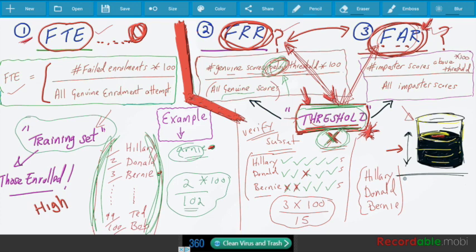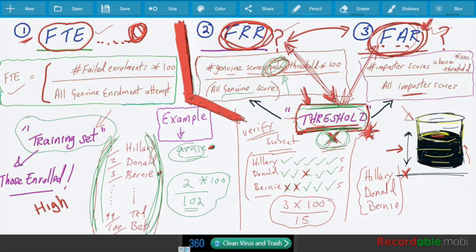So Hillary, not the real Hillary, obviously, this is the imposter Hillary. You want to get an imposter score, and you don't necessarily even need to keep these exact scores, just whether it was successful or not. So the first attempt to circumvent with the Hillary fingerprint was unsuccessful. Why? Because it didn't quite make the threshold.